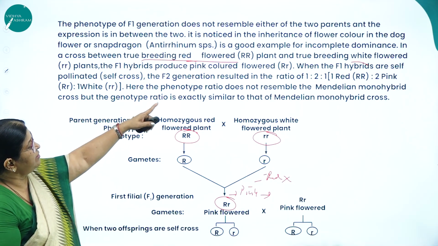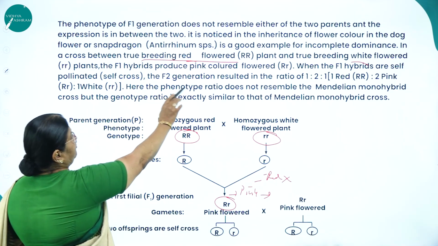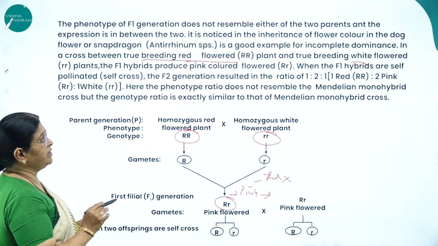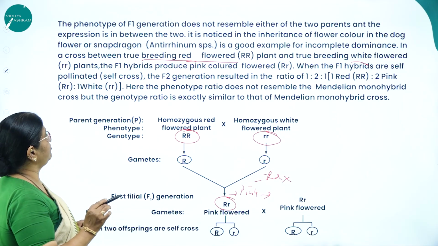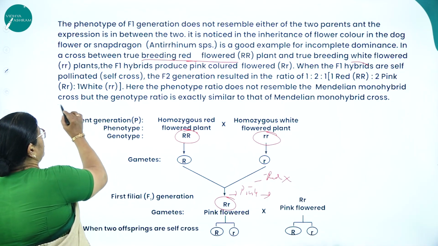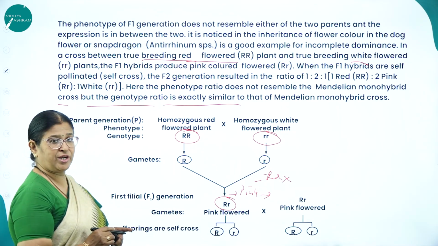When the F1 hybrids are self-crossed, the F2 generation results in the ratio of 1:2:1, that is 1 red to 2 pink to 1 white. Here the phenotype ratio does not resemble the Mendelian monohybrid cross, but the genotype ratio is exactly similar to that of the Mendelian monohybrid cross.